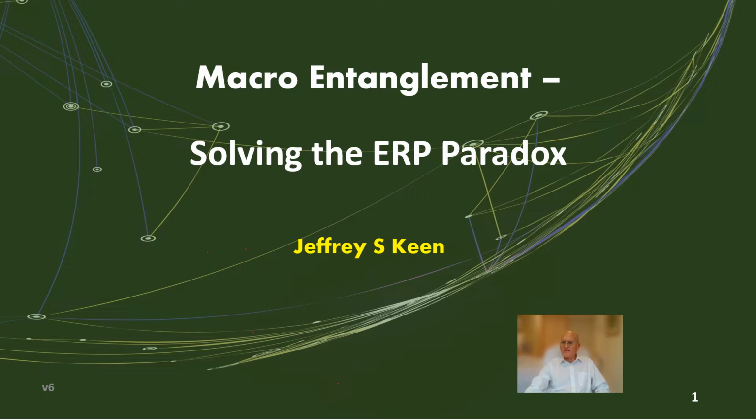This presentation shows how it is possible for two large physical bodies in the real world to communicate information to each other over considerable distances without any apparent intermediate medium. That is, solving the EPR paradox. This is because everyone has been looking in the wrong place.